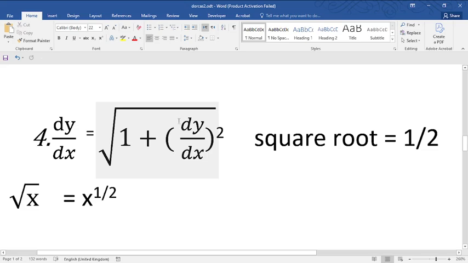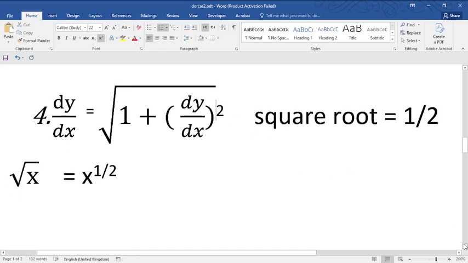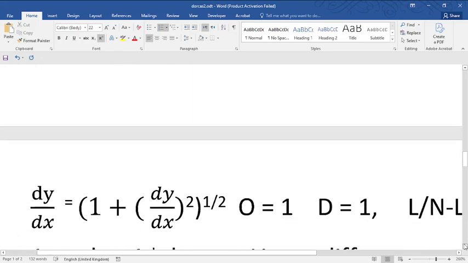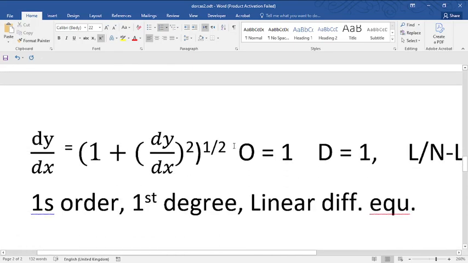So we now transform this square root to a power and put it on top of this current power, which is 2. We now have the power of 2 all to the power of 1 over 2, as we are seeing over here. So 2 multiplied by a half gives you 1, and anything raised to power 1 is itself.